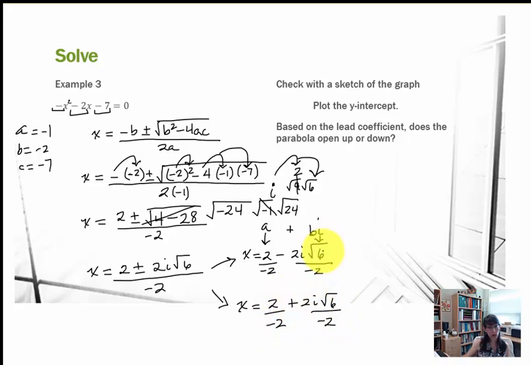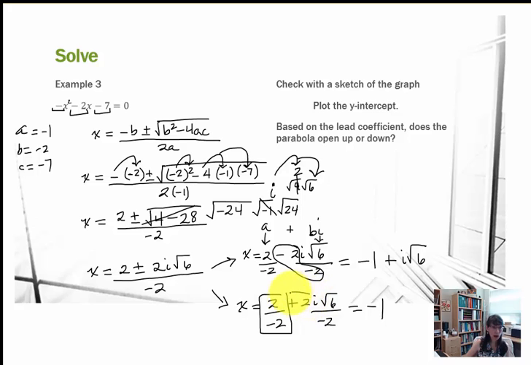And this would allow us to do some simplifying. So we would end up with 2 divided by negative 2 is negative 1. The negative 2 divided by negative 2 makes positive i square root of 6. This is where we have to be careful. In our other solution, we have 2 divided by negative 2. That would still be negative 1.